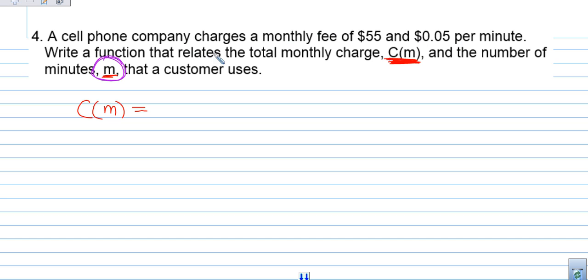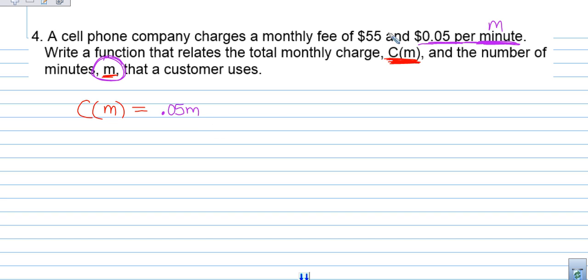Which one has minutes next to it? Right here. Per minute. That's the one that's going to have the variable on it. Minute is m, so that's 0.05 m.